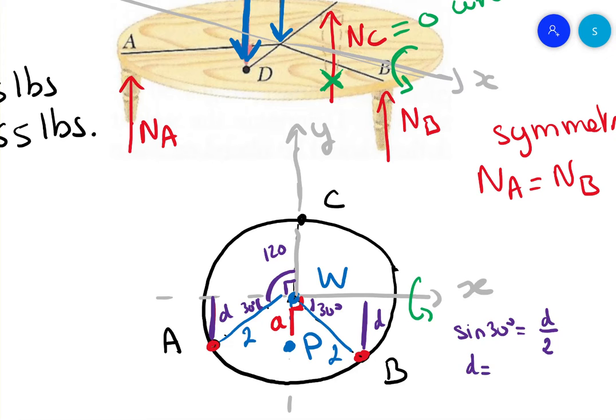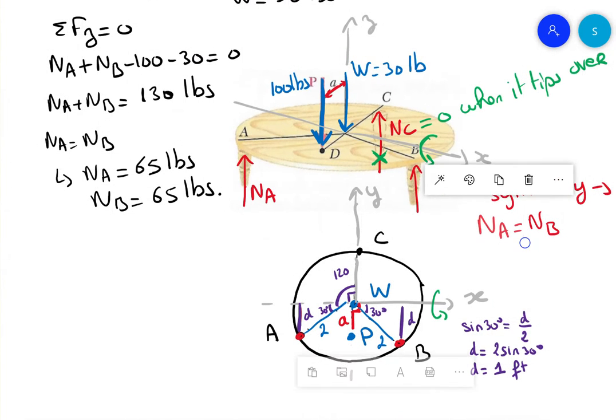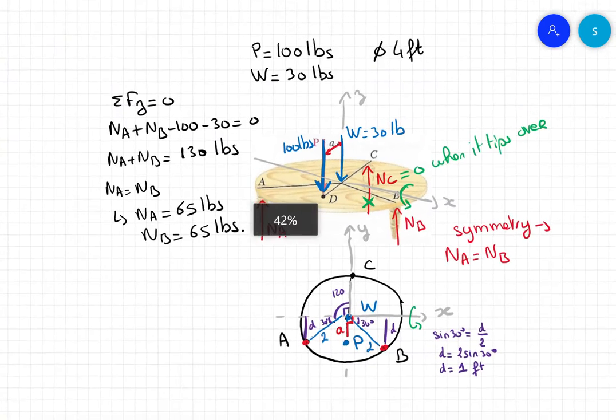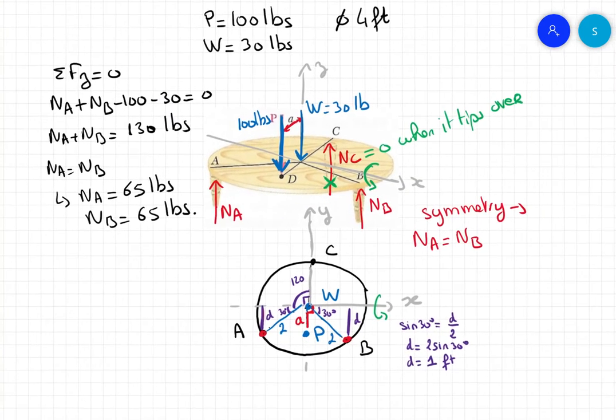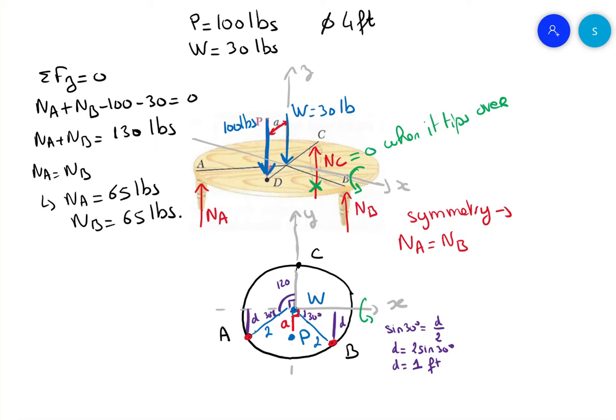So D is equal to 2 sine 30, which is 1 foot. Now let's come back to our equation.